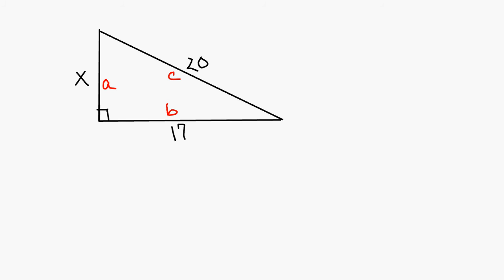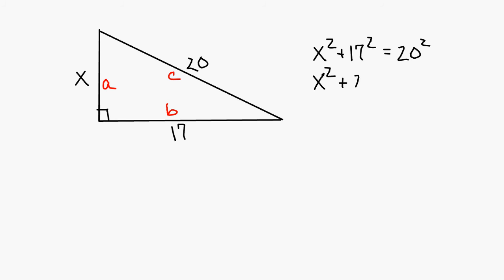So in this case, x squared plus 17 squared equals 20 squared. If you square everything, 17 squared is... Somebody want to square that for me, please? 289.